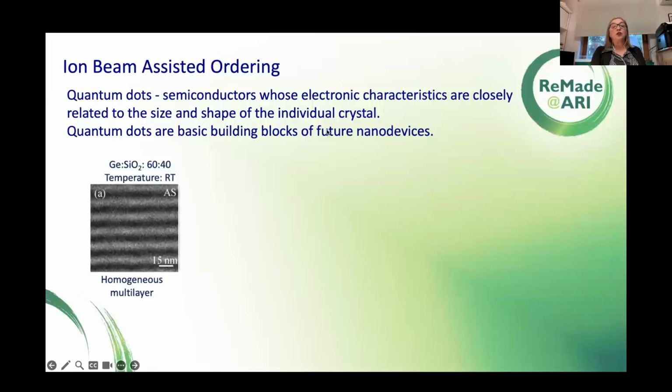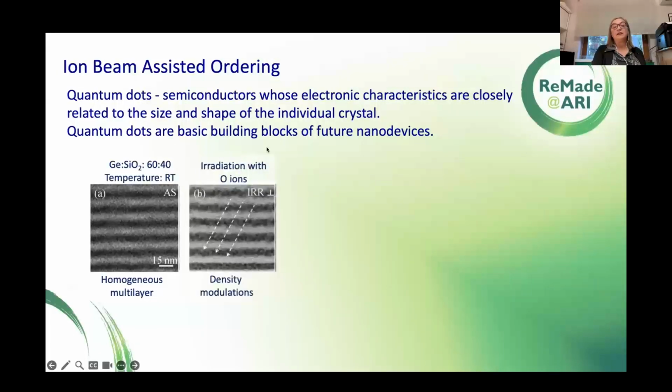So those quantum dots are basic building blocks of future nano devices. So here we have some sandwich made of germanium and SiO2 that was done by magnetron sputtering. You see that this is a very nice homogeneous multilayer. Then you irradiate this multilayer with 3 MeV ions.